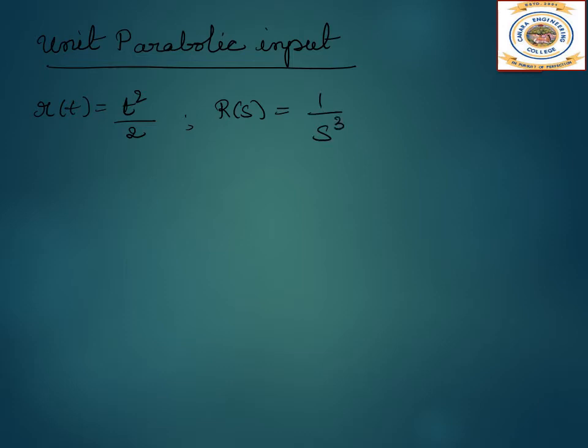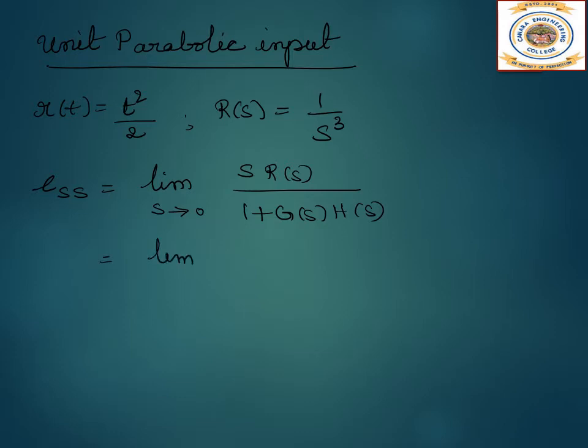So let us write the steady state error. ESS is equal to limit s tends to 0 s into R of s divided by 1 plus g of s into h of s. This is equal to limit s tends to 0 s into 1 by s cube, whole divided by 1 plus g of s h of s. So here s square will remain, right?